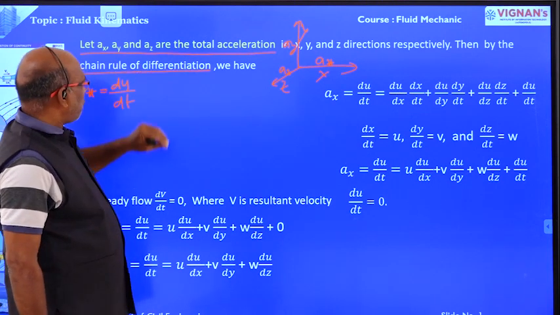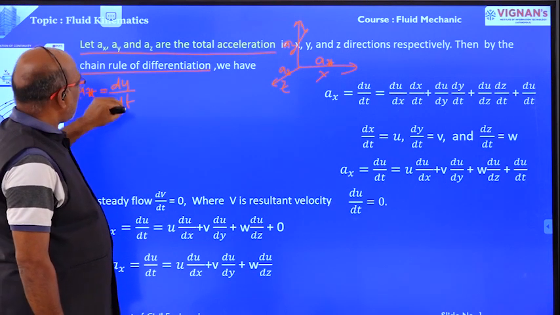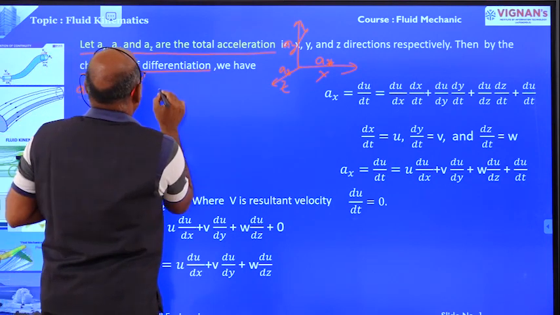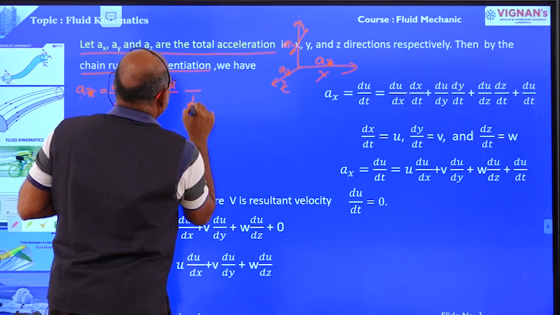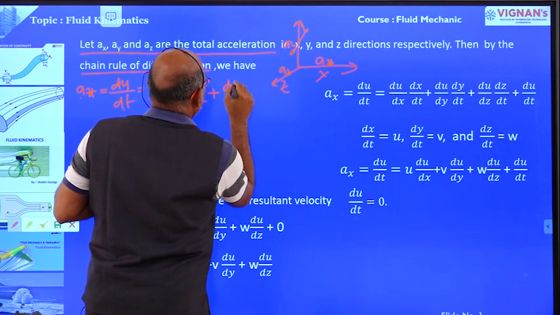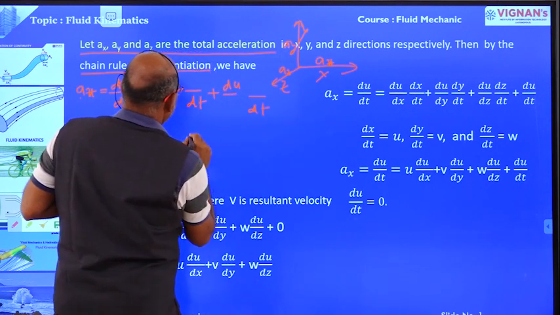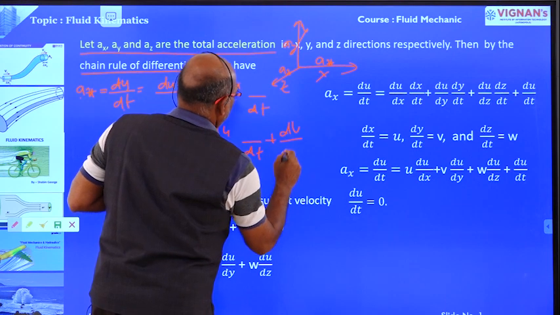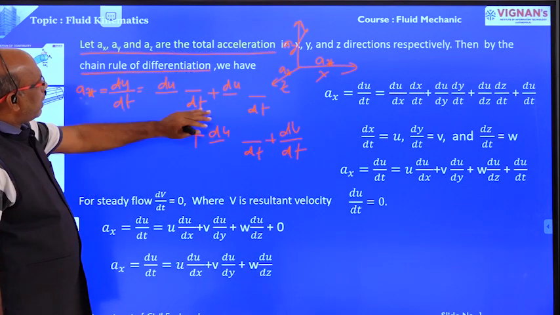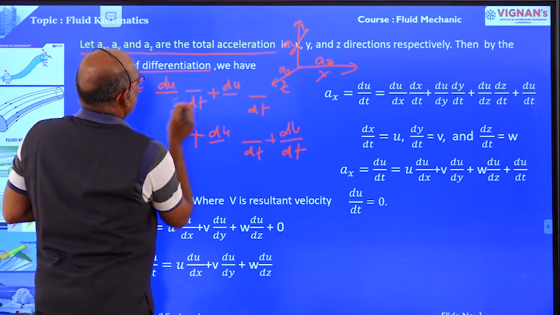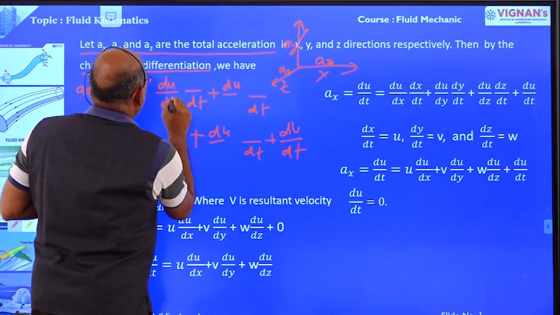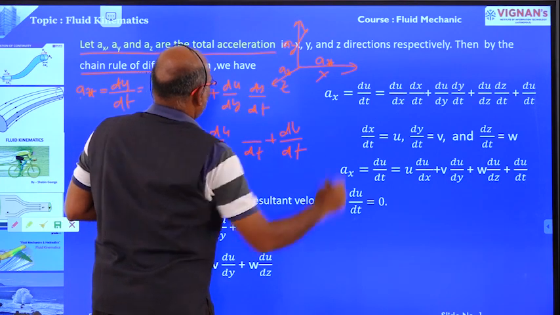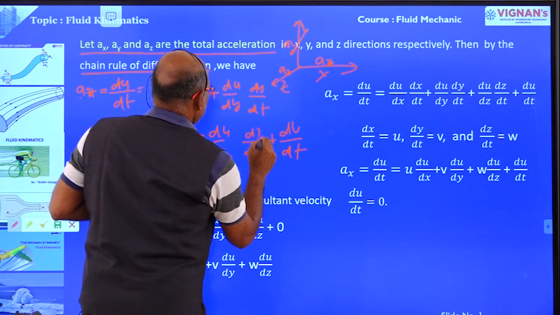Based on the chain rule of differentiation, this can be written with the partial terms. Here dx over dx, there is no change; dy over dy, there is no change; dz over dz, there is no change.